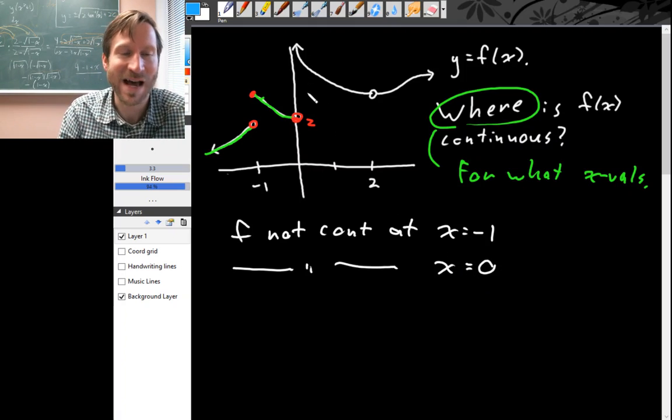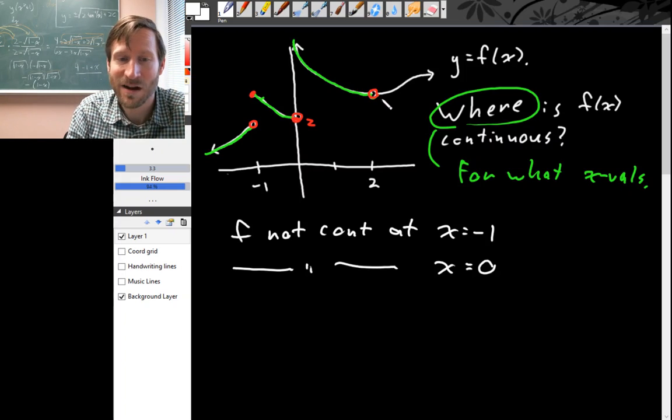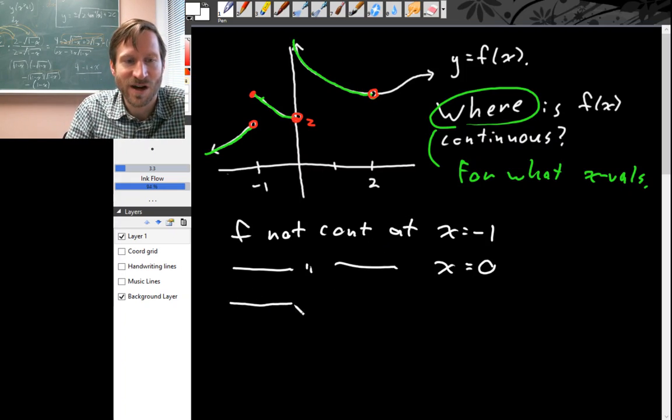All right, once we get past x equals 0, we can start drawing the graph without lifting our pencil again. So this function f is continuous for all of these x values until x equals 2. Once we hit x equals 2, again, there's a break in the graph, and that means that the function is not continuous there.